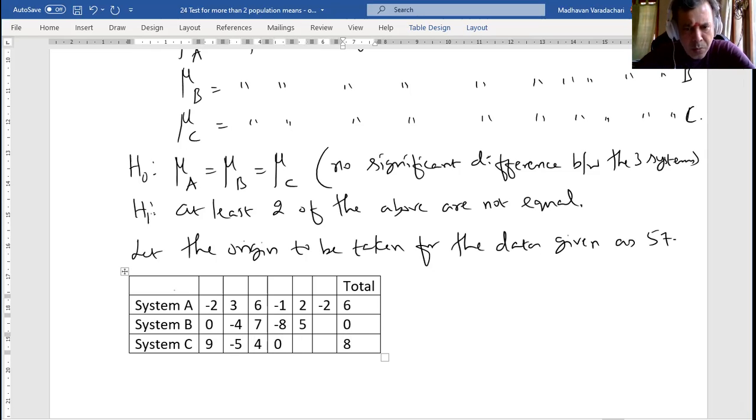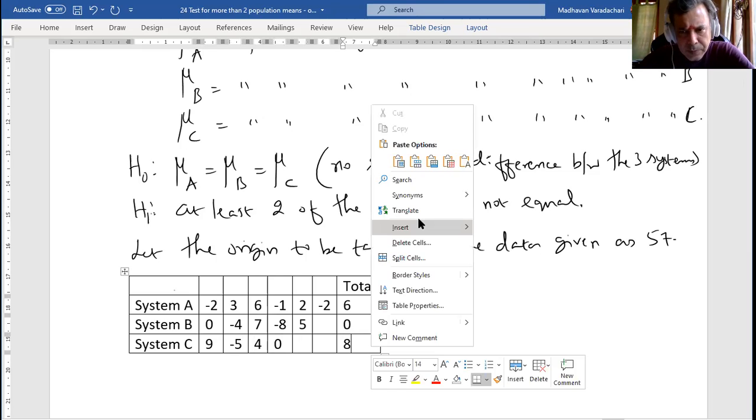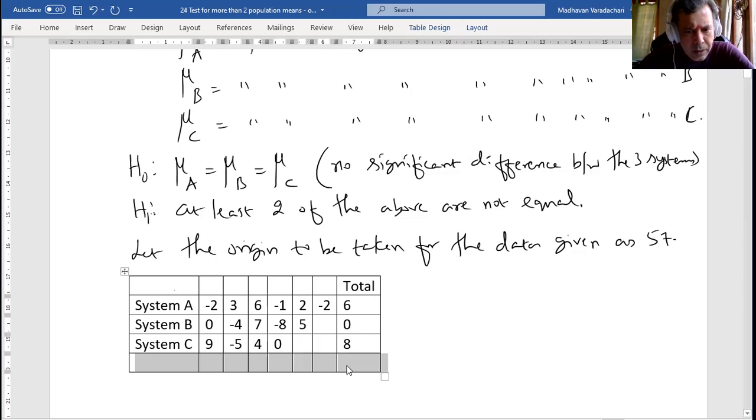Let us create one more row for the grand total calculation. So I'll add this, which gives 14. So merge it and write it as grand total.